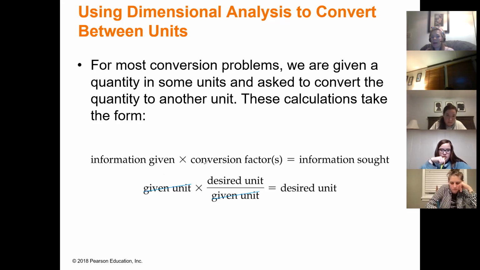We're going to multiply it by our conversion factor, and our conversion factor will be the desired unit over the given unit. The given unit over here is above an inferred fraction bar, right? So there's an inferred line with a 1 underneath it. They just don't write that in. That given unit is going to cancel with the given unit below the fraction bar here, and you'll be left with just the desired unit.